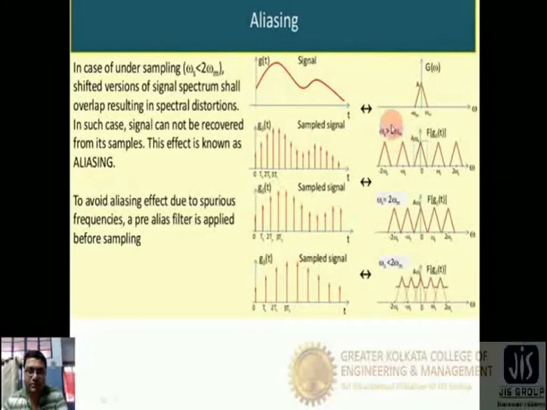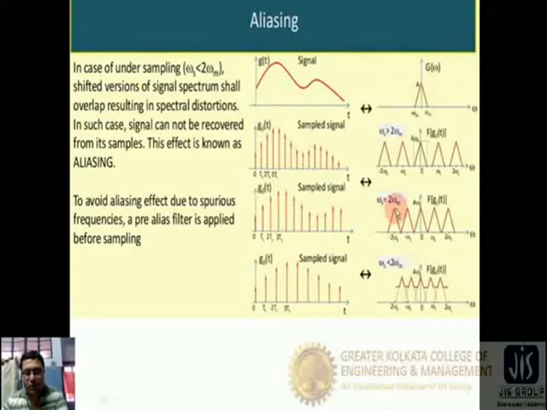So we can get a good resolution of the input signal. This is the first case, and in the second case we can see it is equal to the Nyquist criteria.